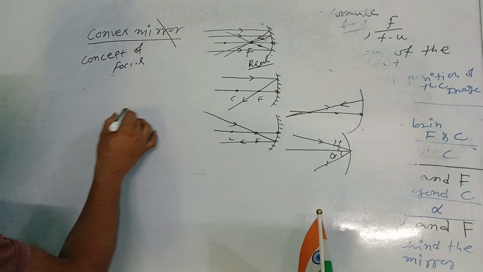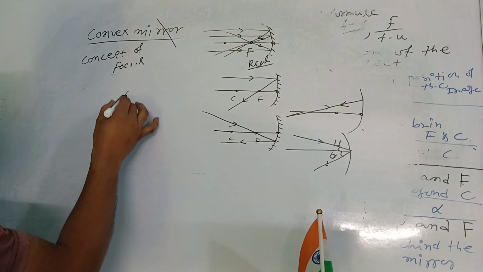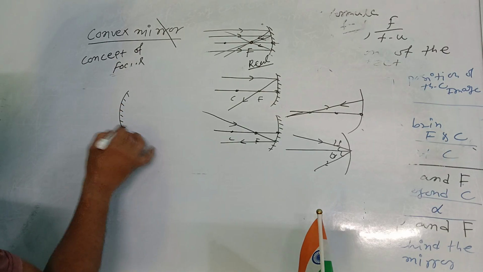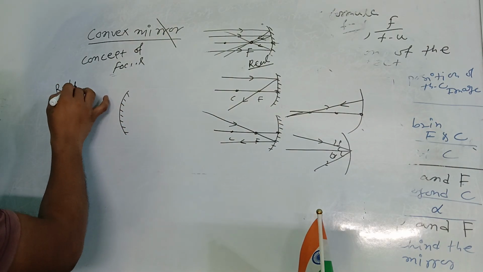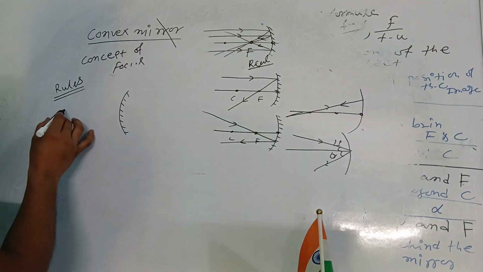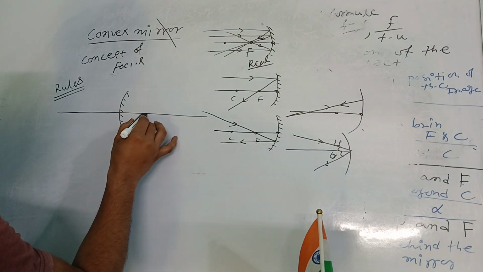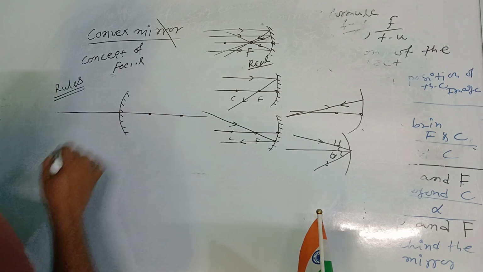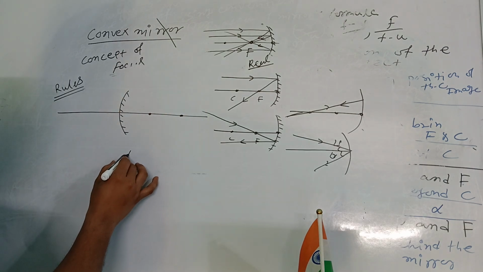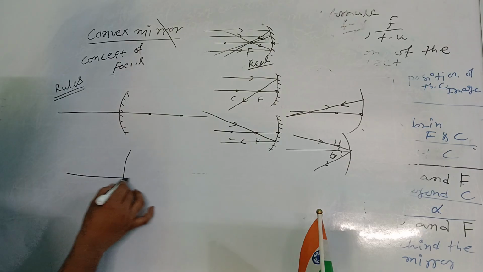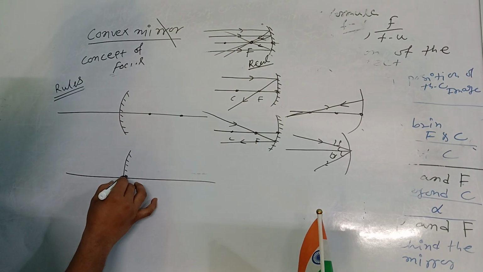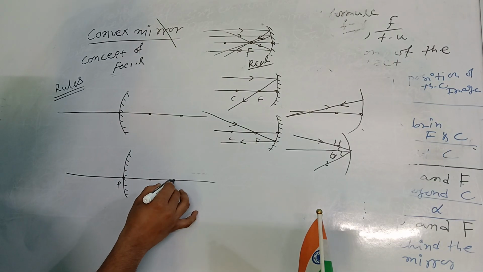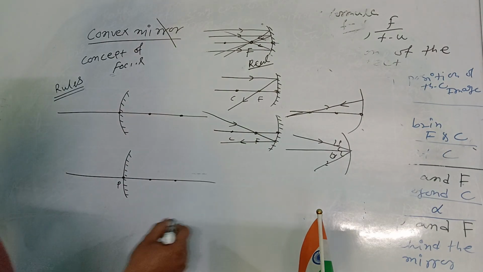Now for convex, this is the convex mirror, so we can write the rules. So this is the convex, so this is the virtual focus, and this is the center of curvature. Again, this is the convex, this is the pole, then focus, and then center of curvature.